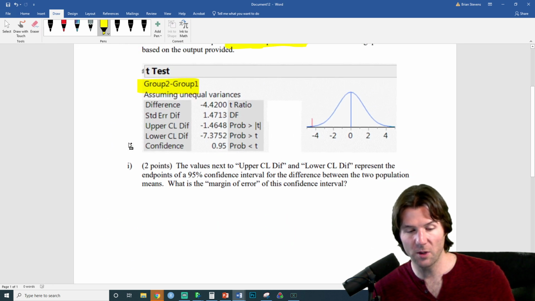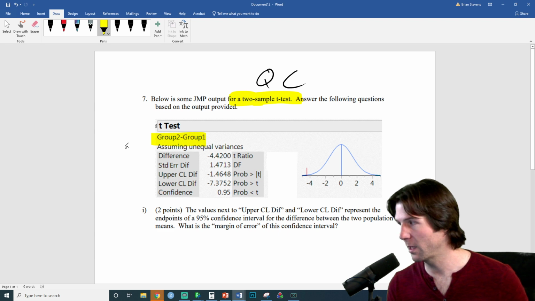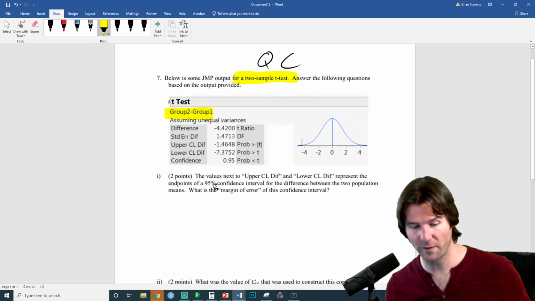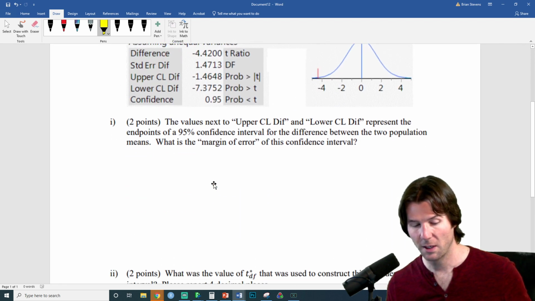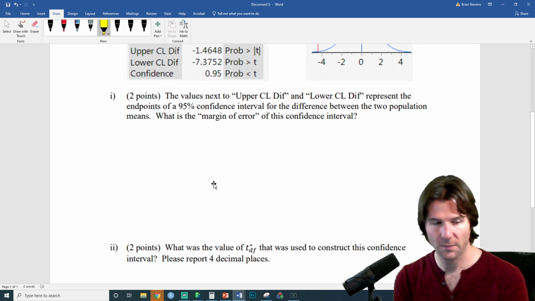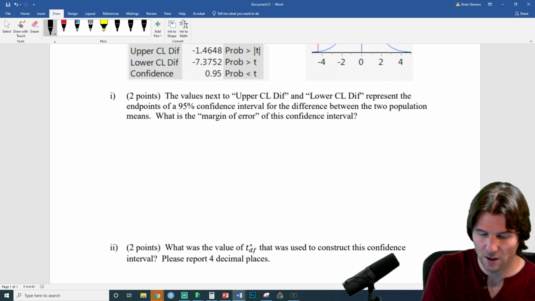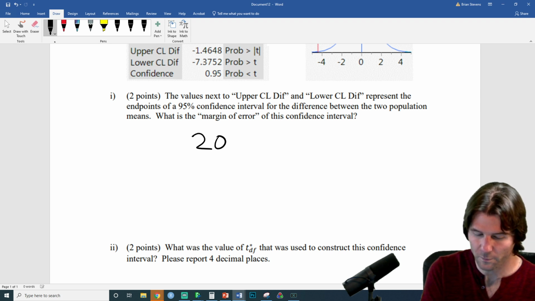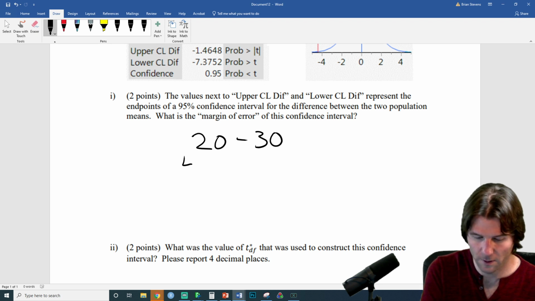When we get the margin of error, we have a few formulas for it. Let's do our trick to remember these. If you're working the test, here's your trick. Dinner is going to cost between $20 through $30. Here's the lower, upper, and the center is some value.